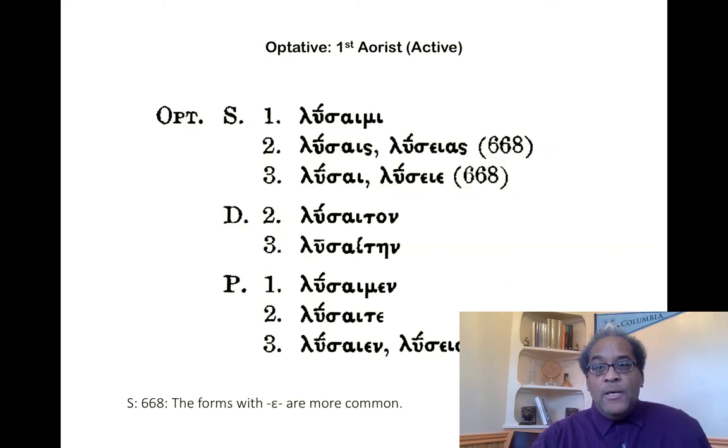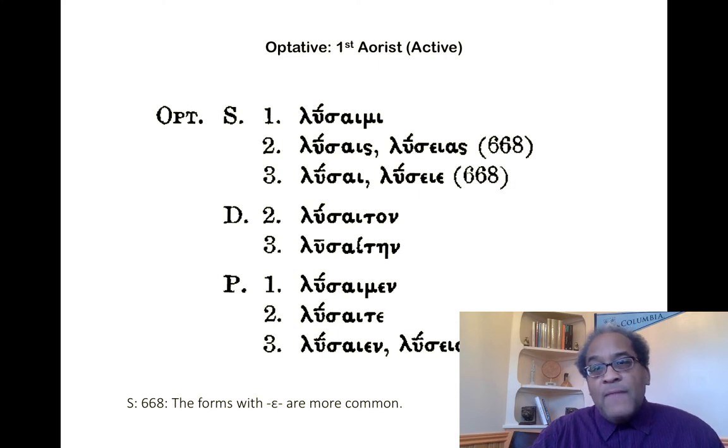Now, it's only in the first aorist that you actually get a curveball thrown at you, and you get a somewhat different set of endings. And here is your main complication, because you have the sigma and the alpha that we've seen, which marks the first aorist, and then we have the insertion of the iota. And then we have the regular endings, mi, s, blank, men, te, and then epsilon n for the third plural.